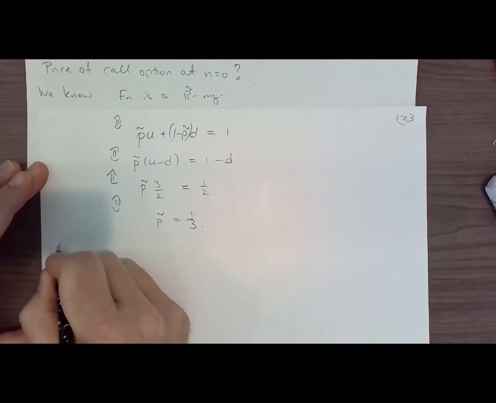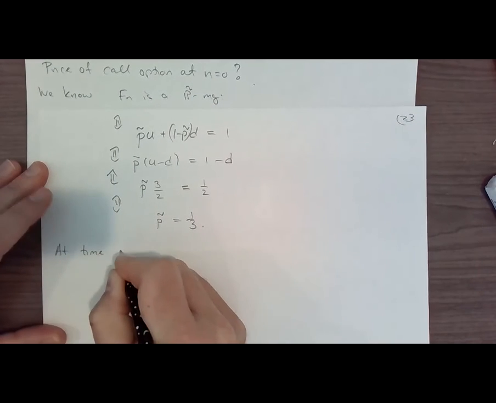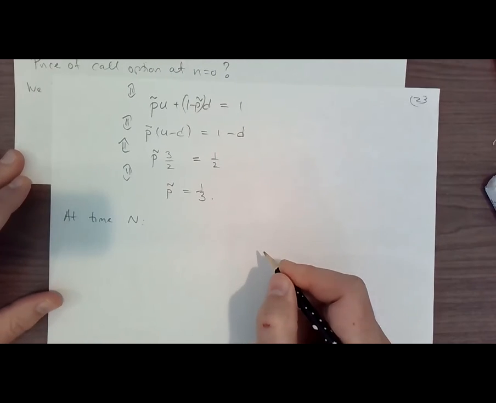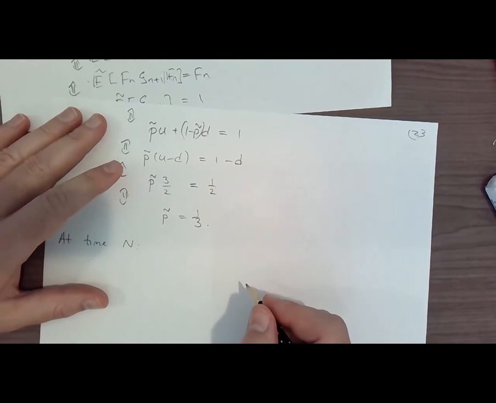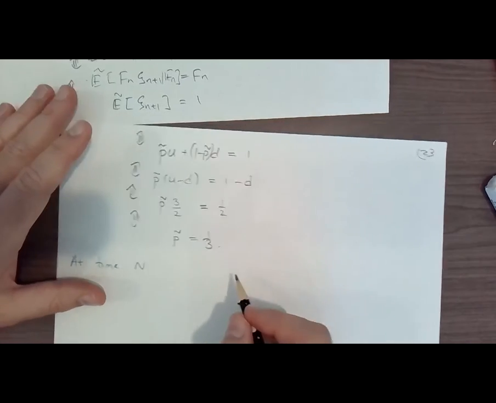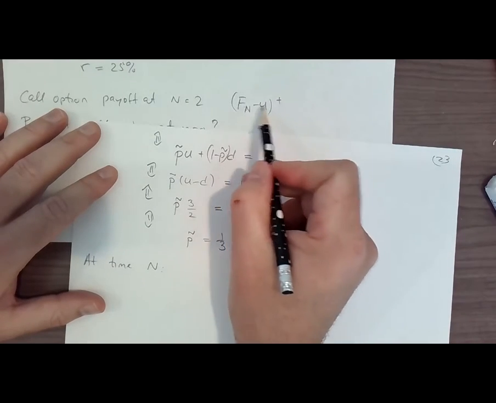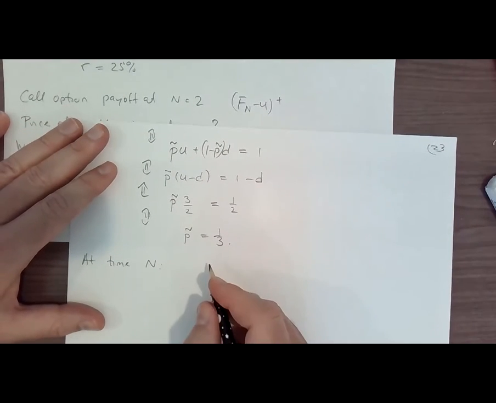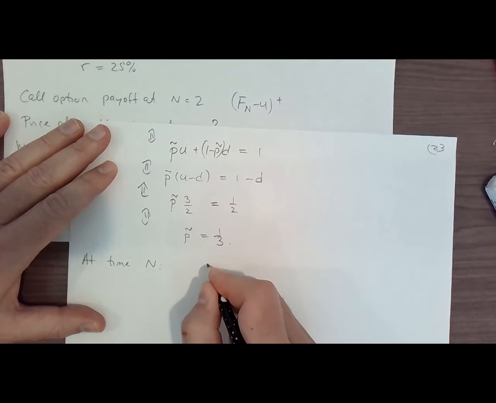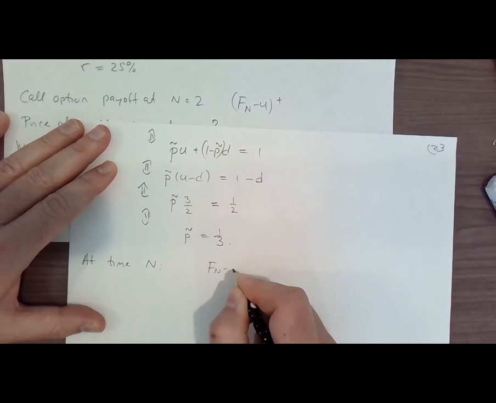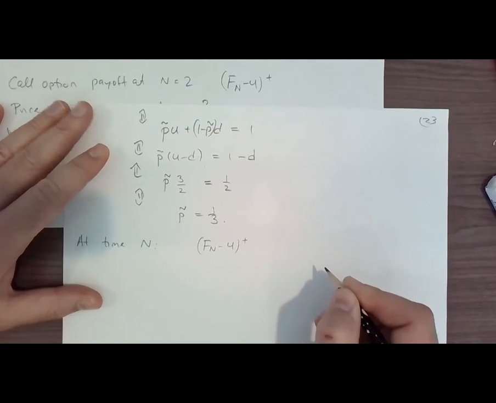So at time n, what do we have? We have a payoff of fn minus 4. This is going to be fn minus 4, positive part.